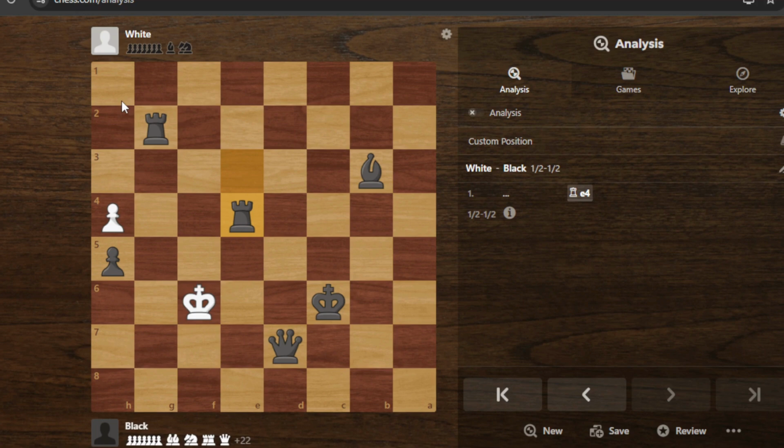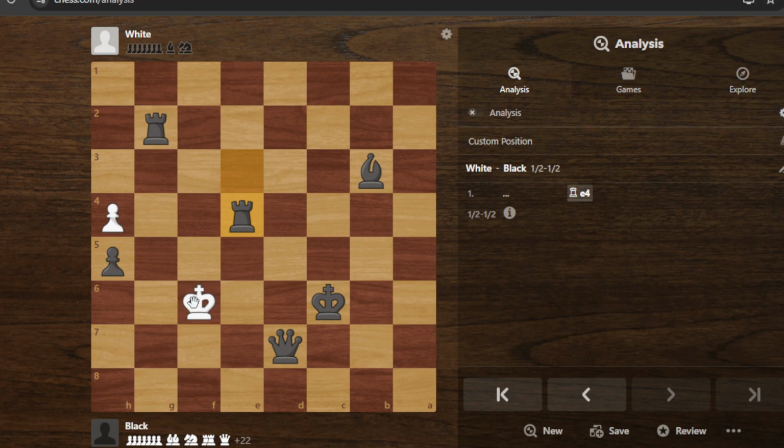And also, stalemate happens when no pieces can move, like this pawn. If this pawn didn't exist, oh sorry, imagine that this pawn is not there, it wouldn't be a stalemate because this pawn could move there. Stalemate happens when no pieces can move, neither the king.